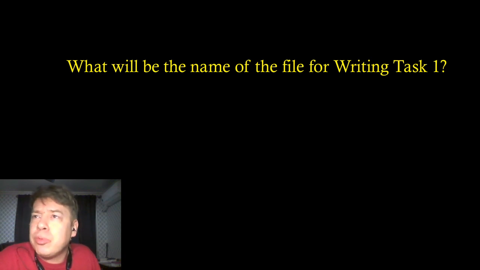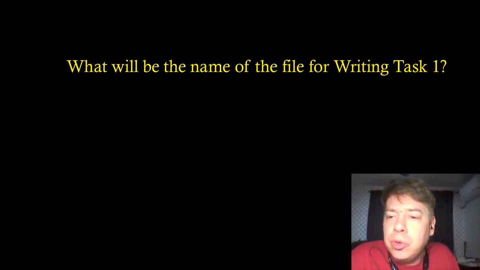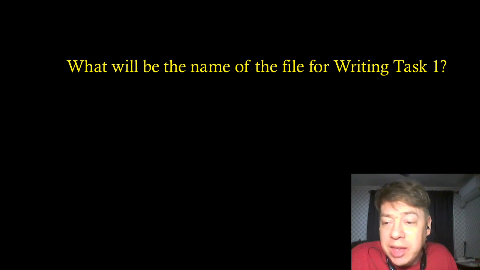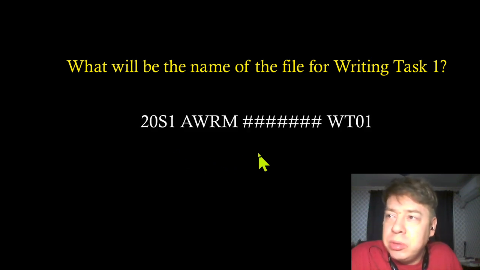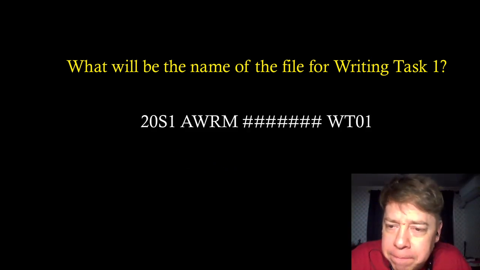So if you were to write a file, writing it for writing task one, what would it look like? Well, we'd have to have the year. We'd have to have the semester, the course name, the student number, and the task that's being written there. So that's what it would probably look like.